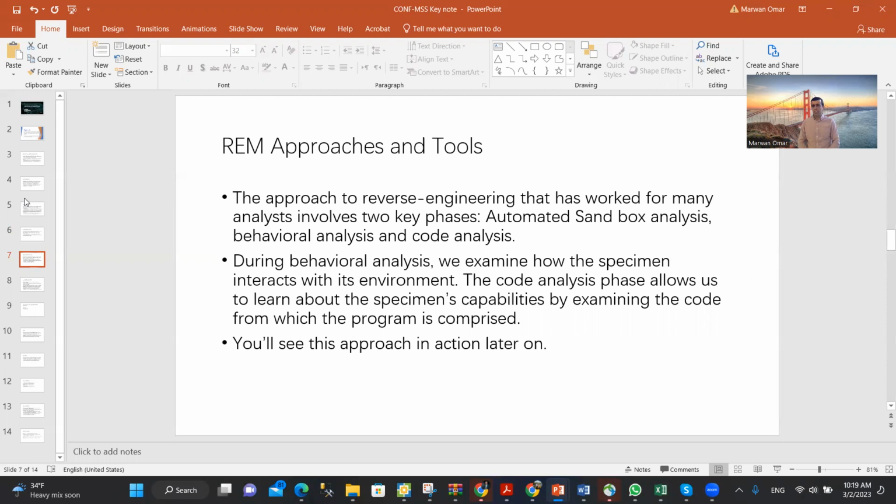Does it try to create files? Does it try to delete files? Does it try to exfiltrate data? Does it try to communicate over the internet with a command and control server? So these are questions that are helpful when we analyze the malware from a behavioral standpoint, looking at the behavior. How does the malware interact, behave when it is in an environment?